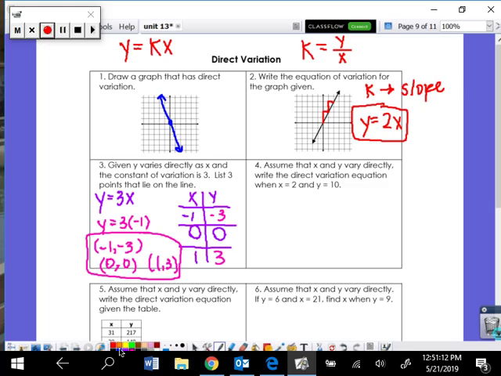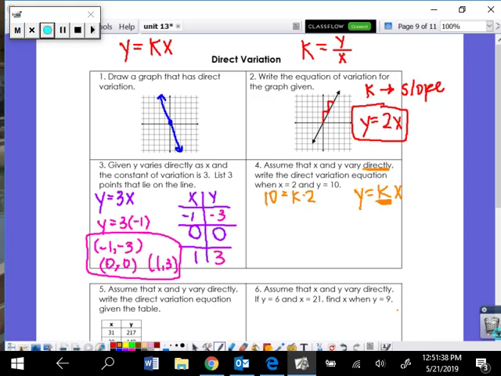All right, number 4. Assume that x and y vary directly. Write the direct variation equation when x equals 2 and y equals 10. So we know we would have 10 equals k times 2. We want y equals k times x, so I need to find this value of k.